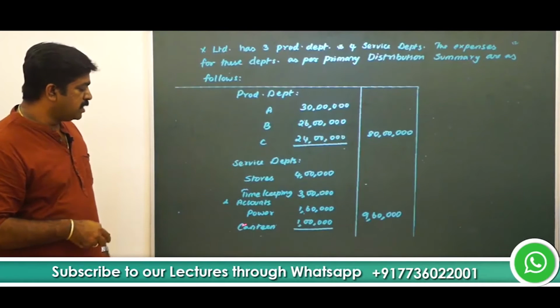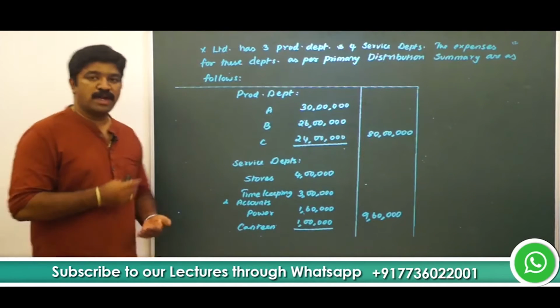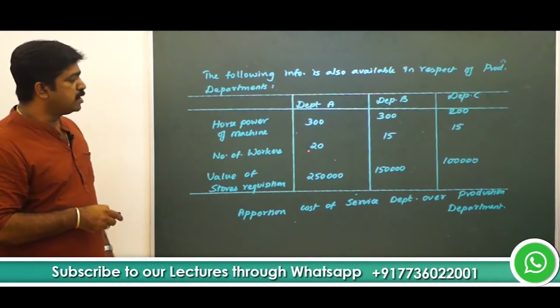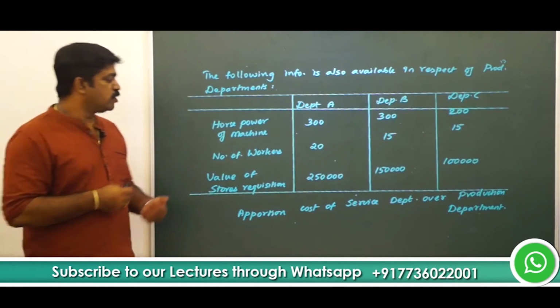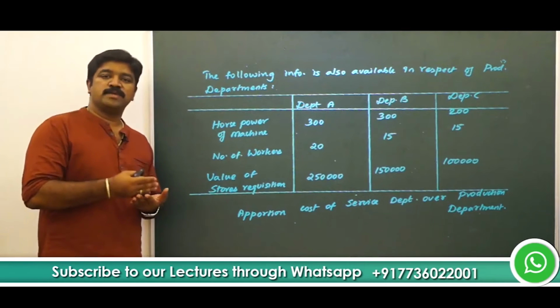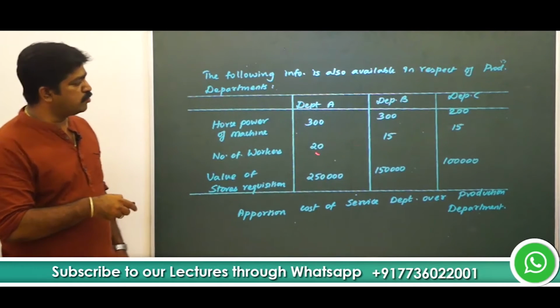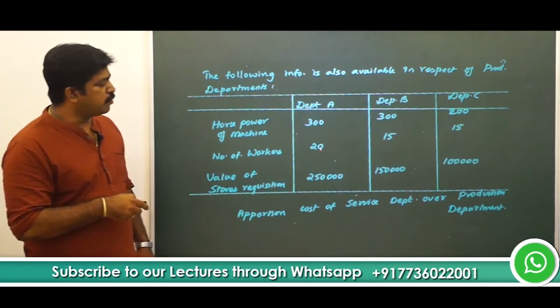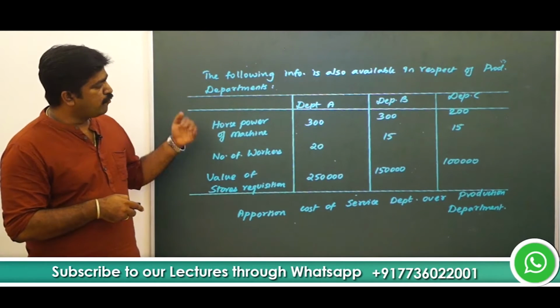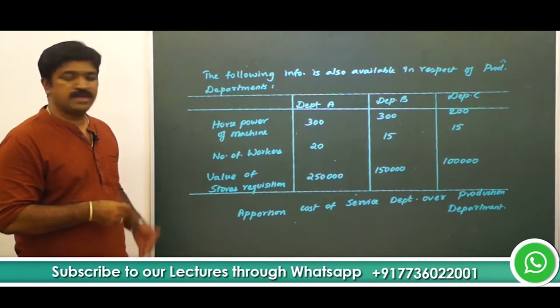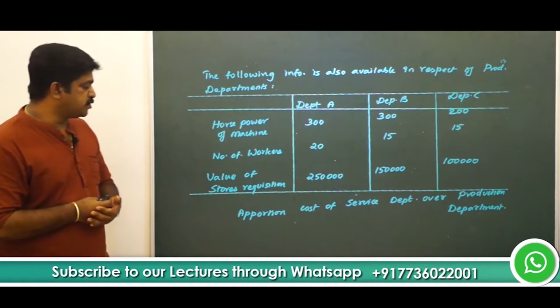Not only that, canteen, it is 1 lakh, basically for the people in the respective departments, 20, 15, 15. So these 2 items can be apportioned on this basis. Converted as a ratio, 20:15:15 becomes 4:3:3.